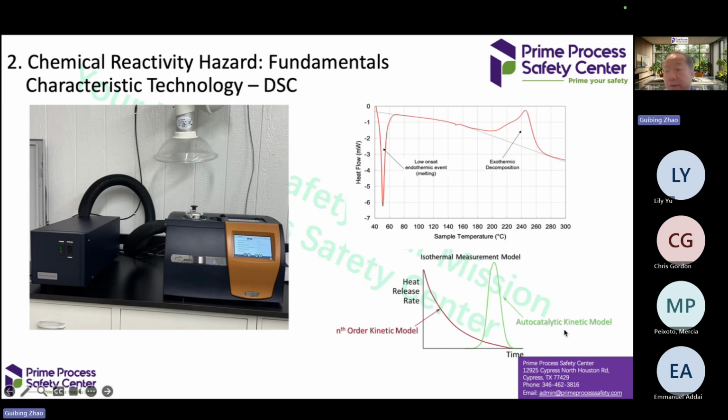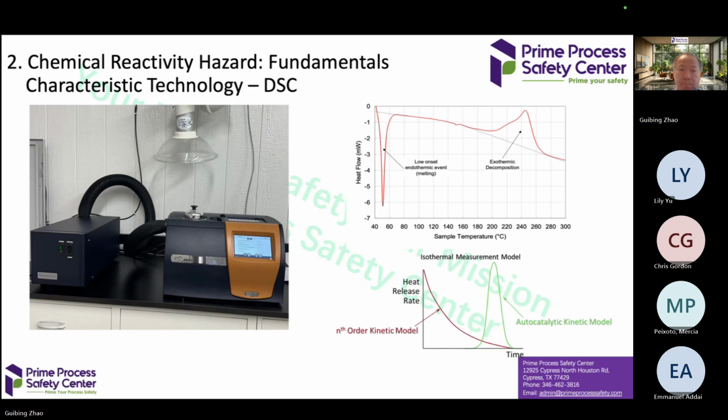However, for an autocatalytic chemical at low temperature, there may not be any exotherm, but with time, an exothermic reaction will happen. So this bell-shaped curve usually tells us the chemical can be autocatalytic.